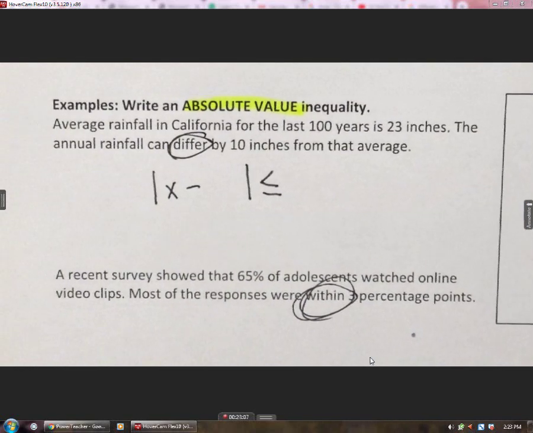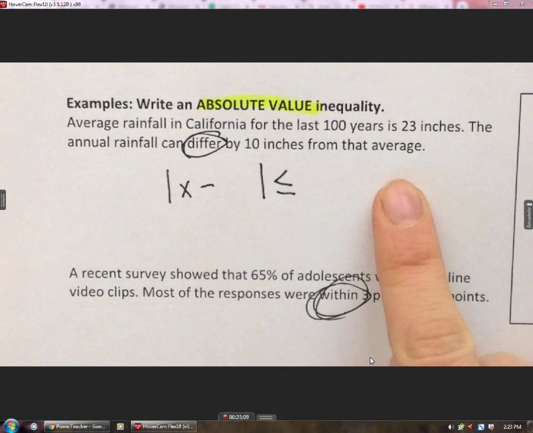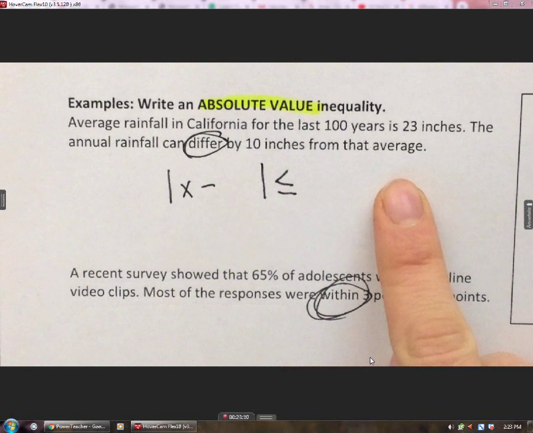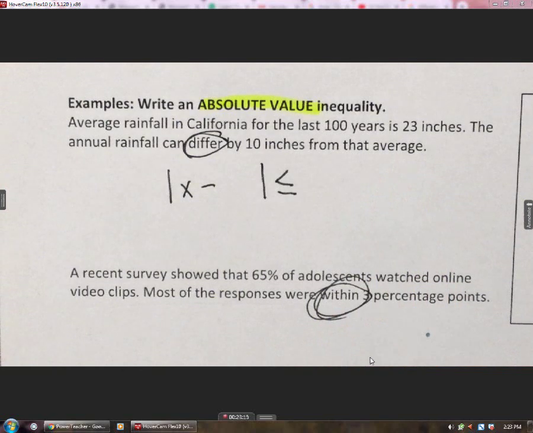What do you think the midpoint is for this first situation? Average rainfall in California for the last 100 years is 23 inches. The annual rainfall can differ by 10 inches from the average. 23 is the midpoint.